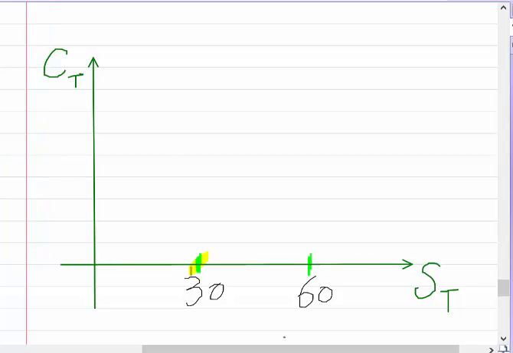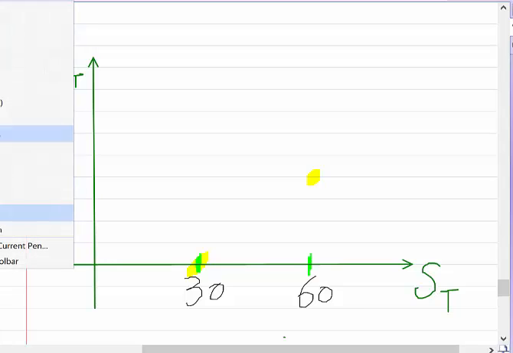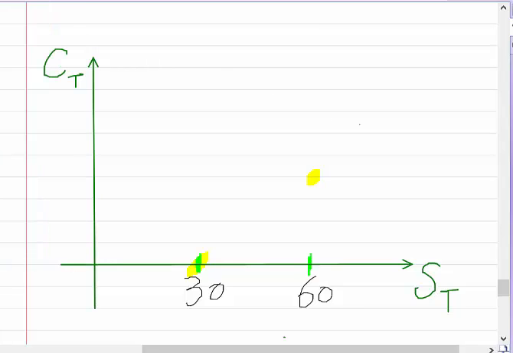Now let me just mark it here. That's 0. Or in the up state, it's actually 20. This point here is 20.